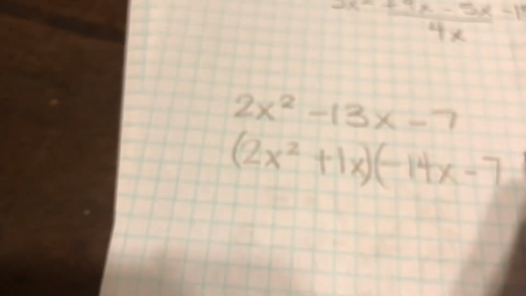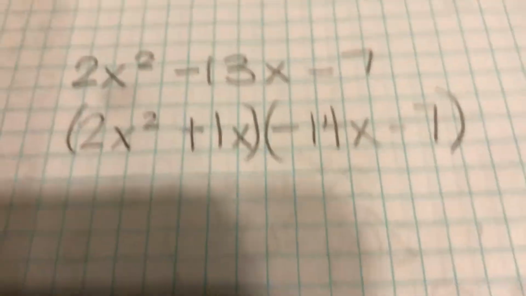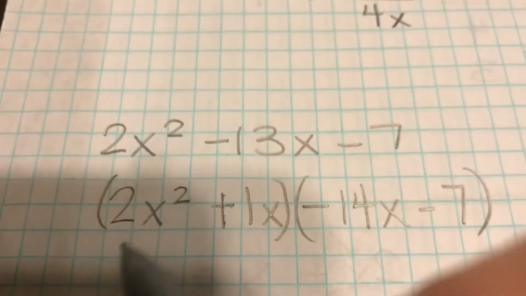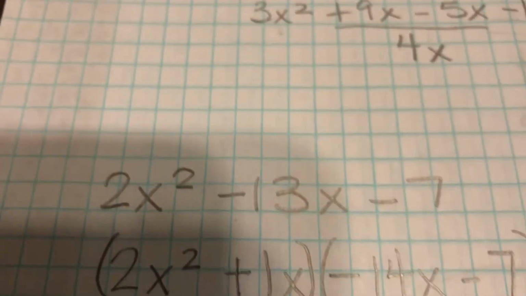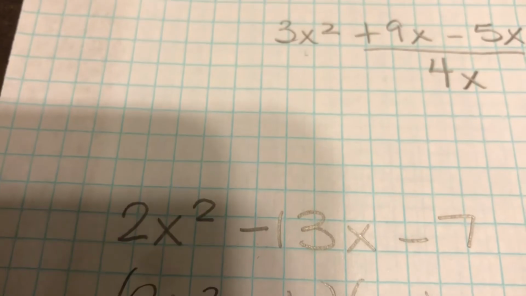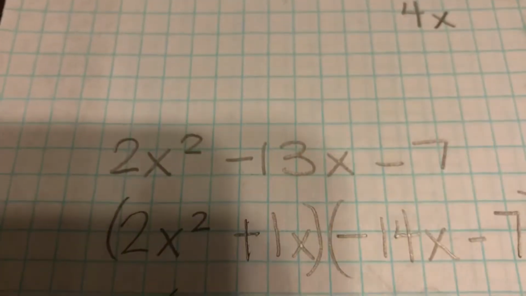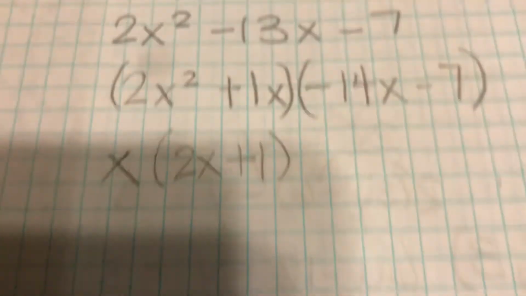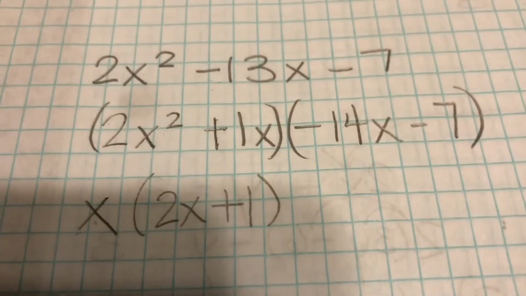Okay? So when I look at them, I can pull an x out. So if I pull that x out, x times 2x would give me 2x squared. x times 1 would give me 1x. So I have x times the quantity 2x plus 1.